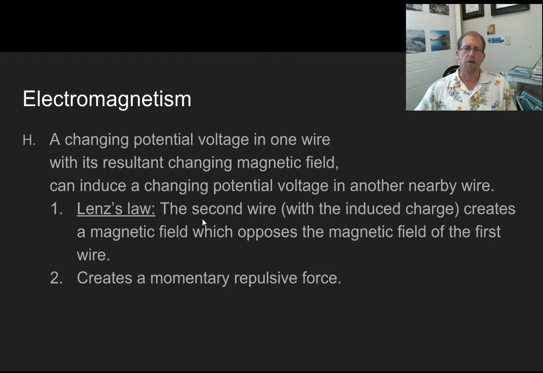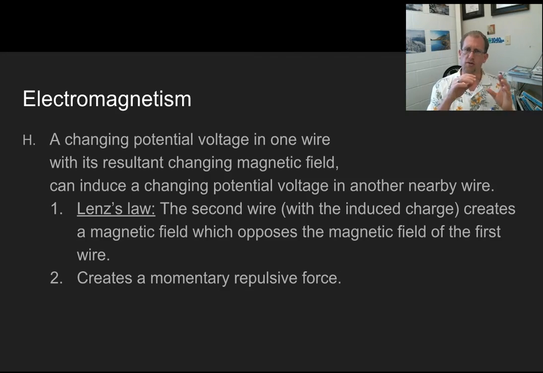Okay, last one, Lenz's law, and this one has to do with just one loop of wire and its neighboring loop of wire. You power one, you don't power the other, and we can induce an electron flow in the second wire with the electron flow in the first wire, and we're looking at the magnetic interaction between these two wires. I'll show you some pictures in a minute.